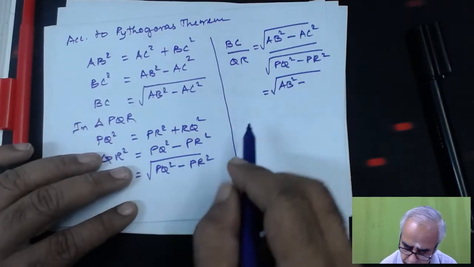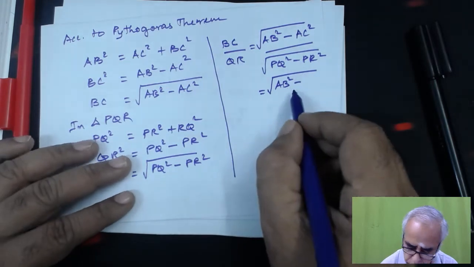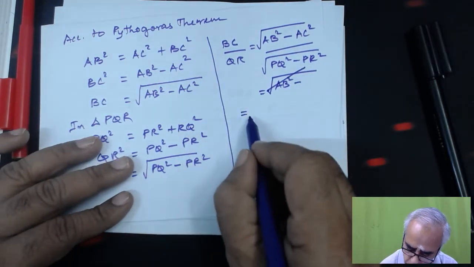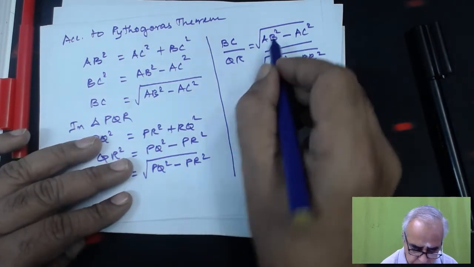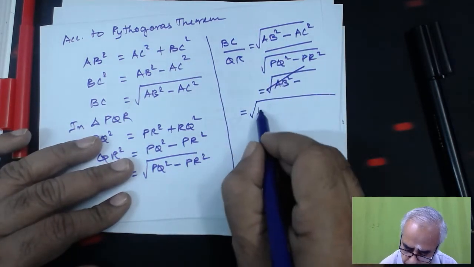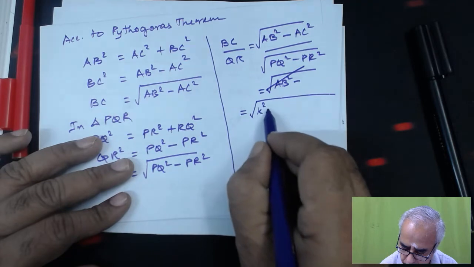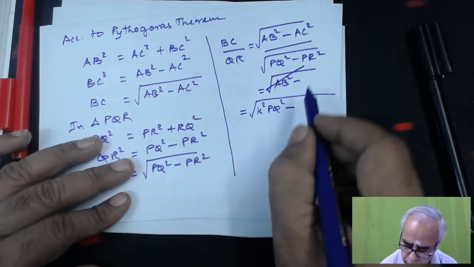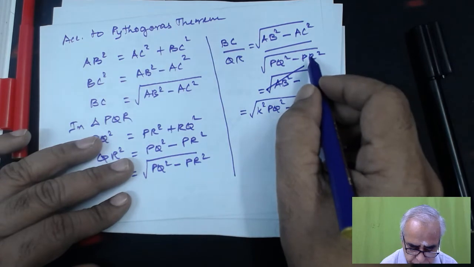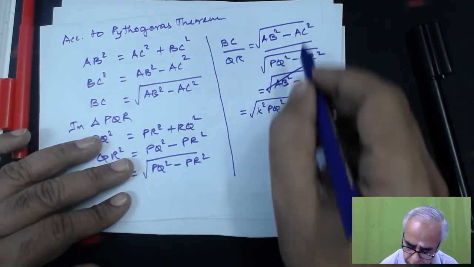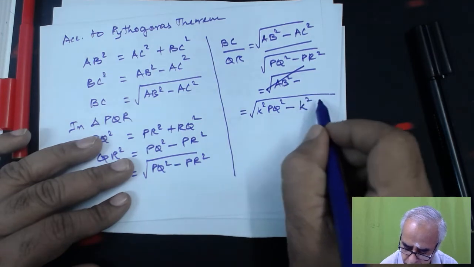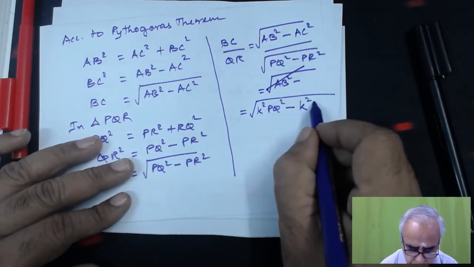If both of them are constant, we can equate. So in that case, instead of AB squared you can put K squared PQ squared. And similarly for AC, we can introduce what? K PR, that is K squared PR squared, is it not?